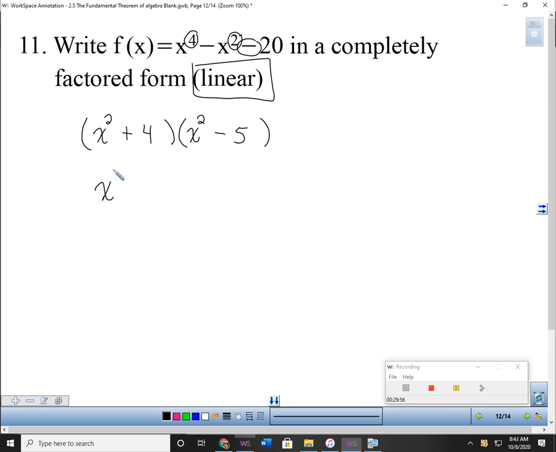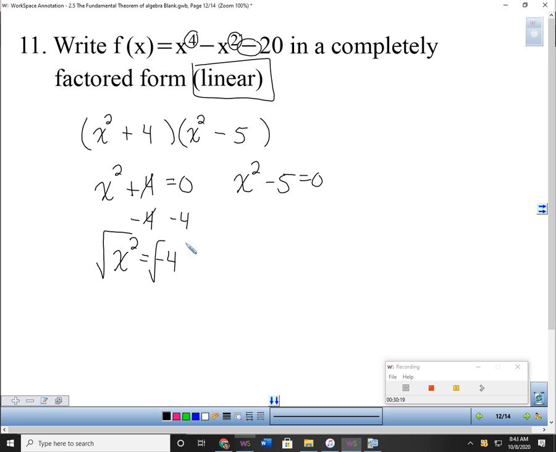So I'm going to set both of these equal to 0 and solve for x. So I'm going to subtract the 4. So x squared is equal to negative 4. And then I square root with a positive and a negative answer.